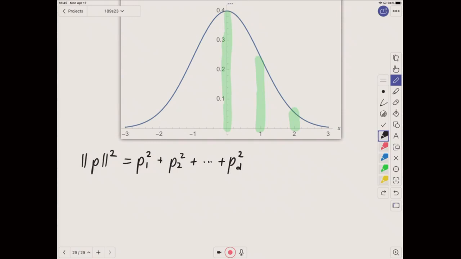So the square of a component, like knowing that P1 is from a normal distribution, what distribution is P1 squared coming from? Well, it's said to come from what's called a chi-squared distribution. So again, if each pi is from a univariate normal distribution with mean 0 and variance 1, then its square also has a distribution, and that's called the chi-squared distribution.